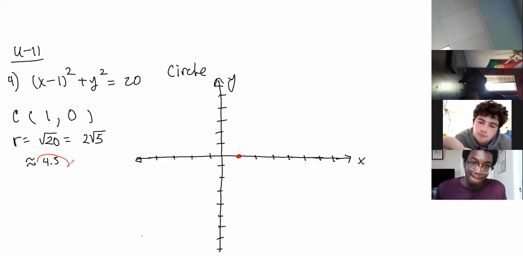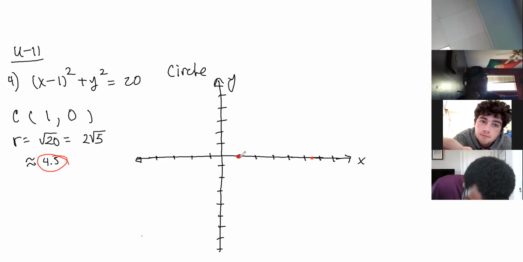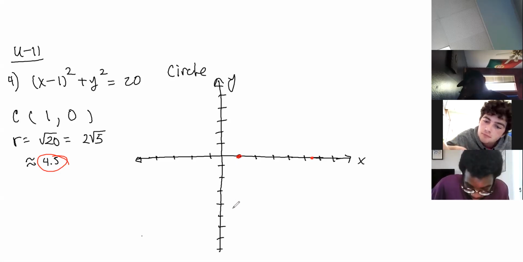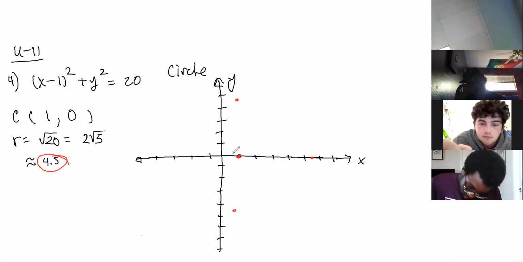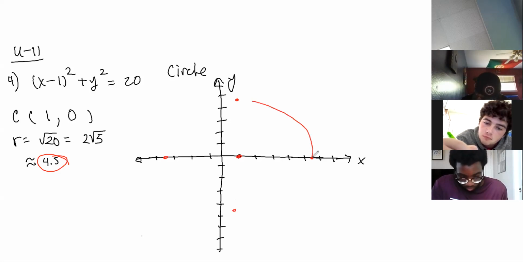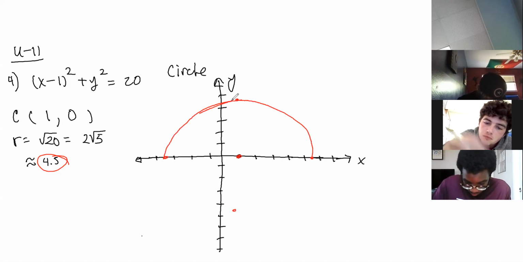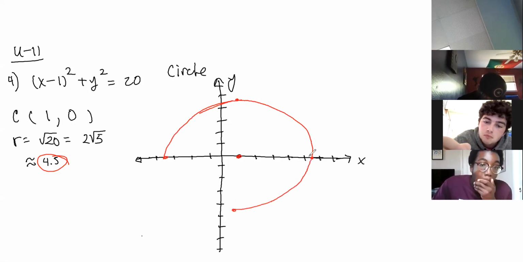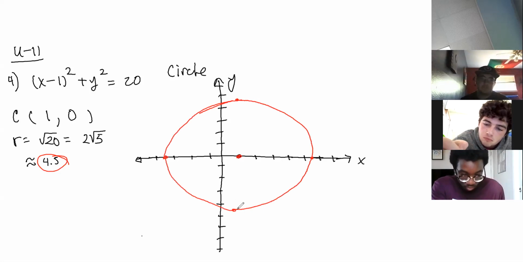How far? 4.5. 1, 2, 3, 4.5. Down 1, 2, 3, 4.5. Up 1, 2, 3, 4.5. And left 1, 2, 3, 4.5. Now it's going to be a little complicated on the screen, but you make your circular shape. Got it? Yep.